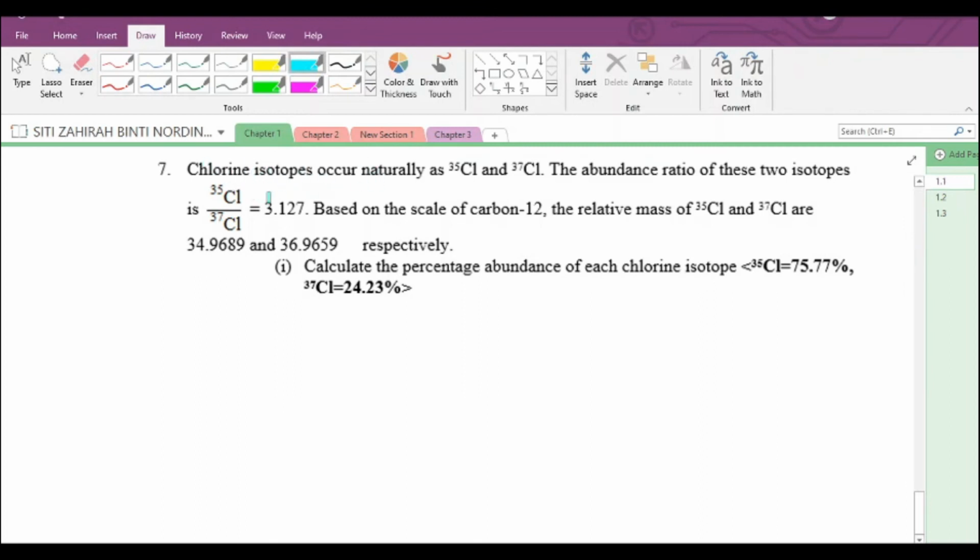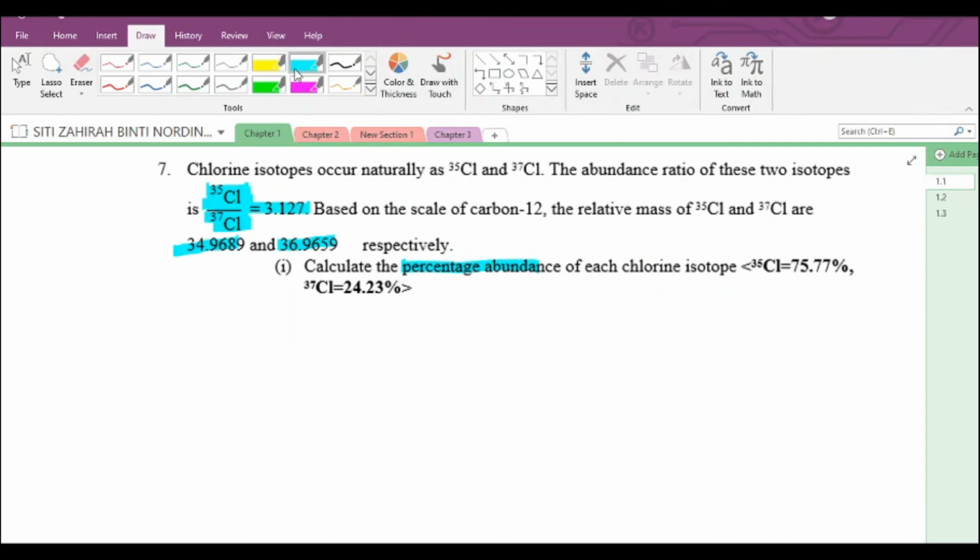So chlorine has 2 isotopes, which are in the ratio of 3.127 to 1, and you are given the mass as these numbers in the question. The first question: calculate the percentage abundance of each chlorine isotope.